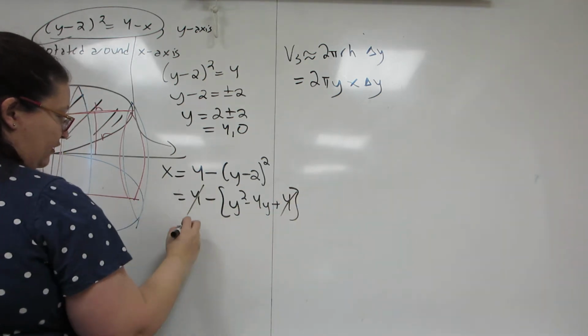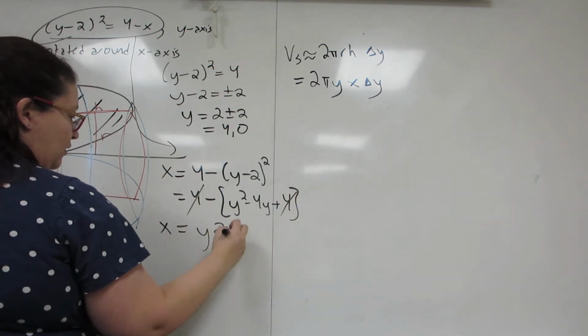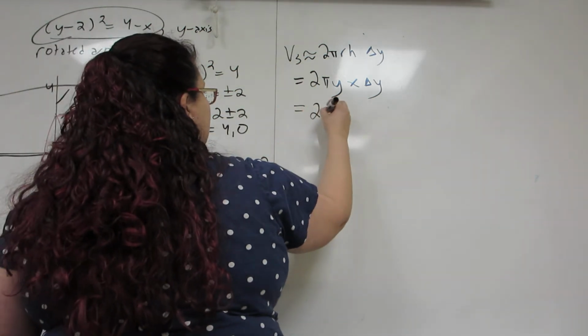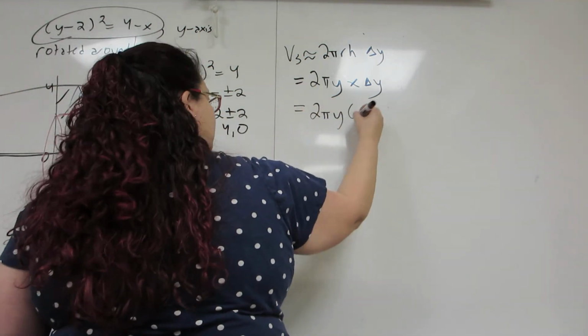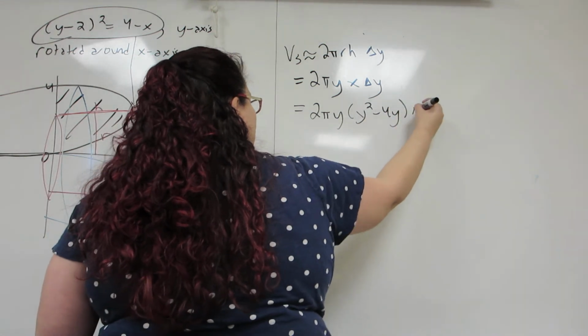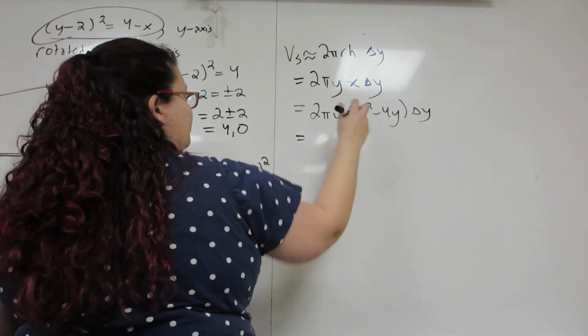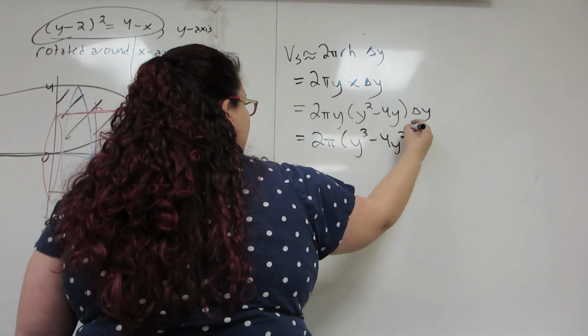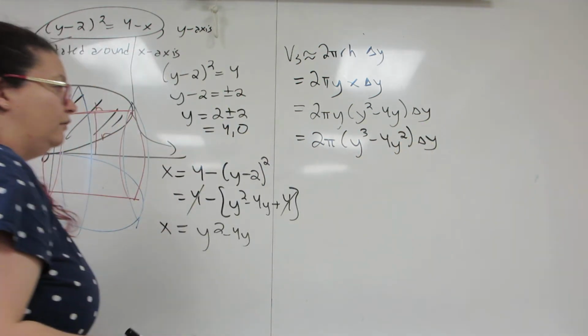That 4 cancels with that 4, and I get that x equals y^2 minus 4y. I'm then going to plug this back into here, and again distribute the y to simplify as much as I can before I get to my integral itself.